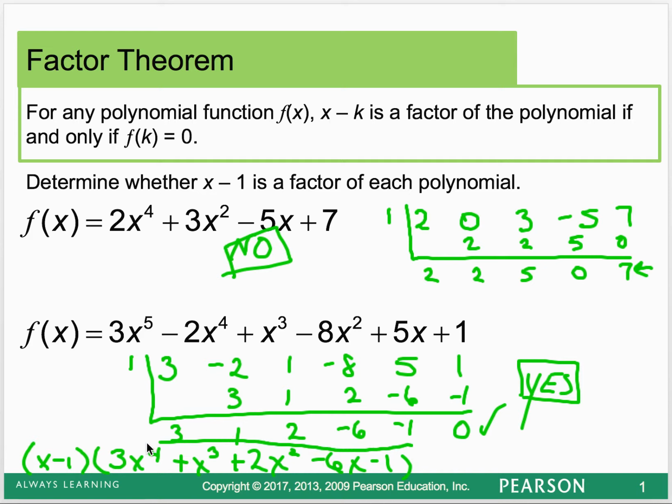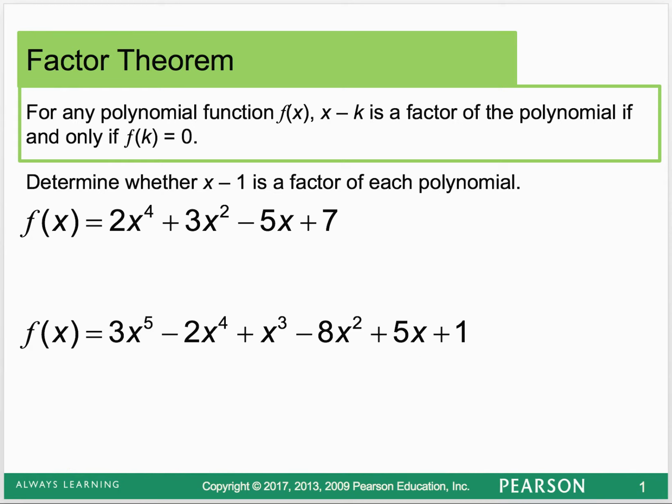This one didn't ask me to, but that's what we're about to do. I have factored this 5th degree polynomial into 2 factors, and then I could continue to do the same with this one. So that's our goal.